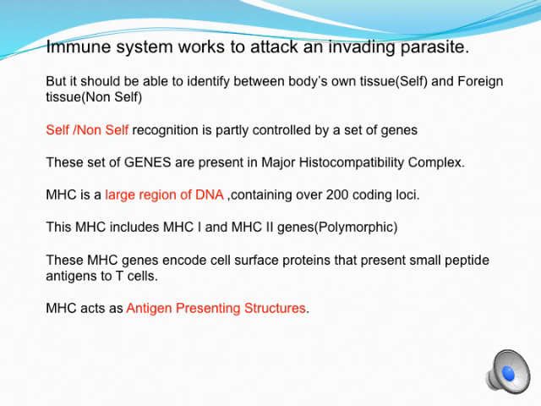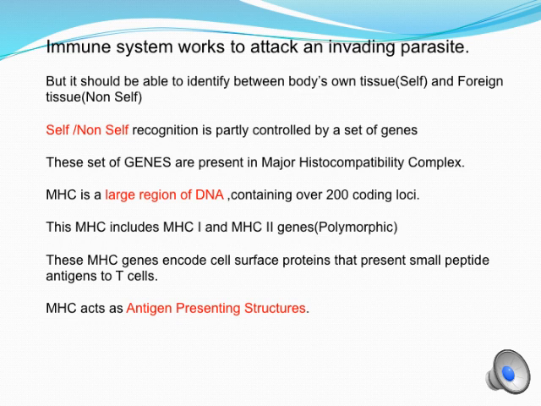This particular data is based on vertebrates. So MHC is a portion in the DNA that contains 200 coding loci. What does this mean? There are positions on the MHC complexes that have the capacity of recognition, and these are nearly 200 in number.